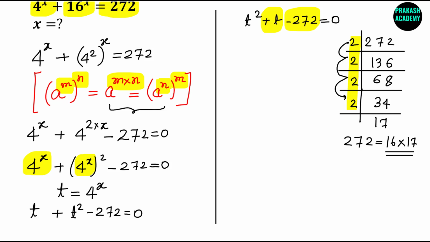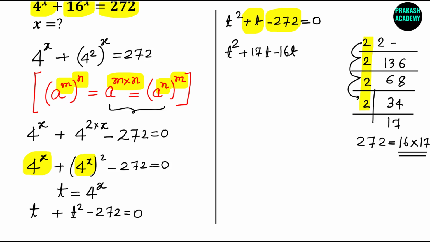So I can rewrite this as t square plus 17t minus 16t minus 272 is equal to 0. Now I can take t common, so this will be t into t plus 17, and here if I take minus 16 common, then it will be t plus 17, and this is equal to 0.